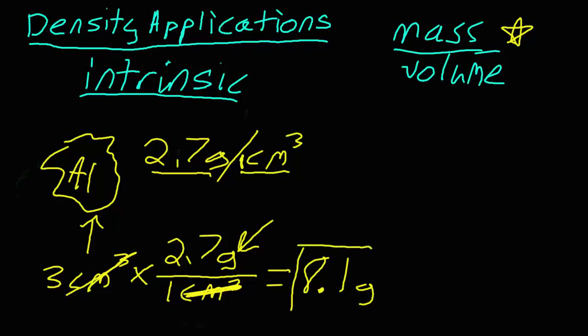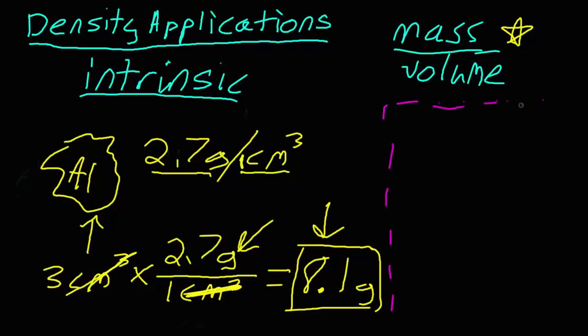So what we just did there is we took a known volume of 3 centimeters cubed of aluminum, and we used our density to figure out, without measuring, but to calculate what the mass of our aluminum would be, and that's the 8.1 grams. We can actually do this going the other way as well.